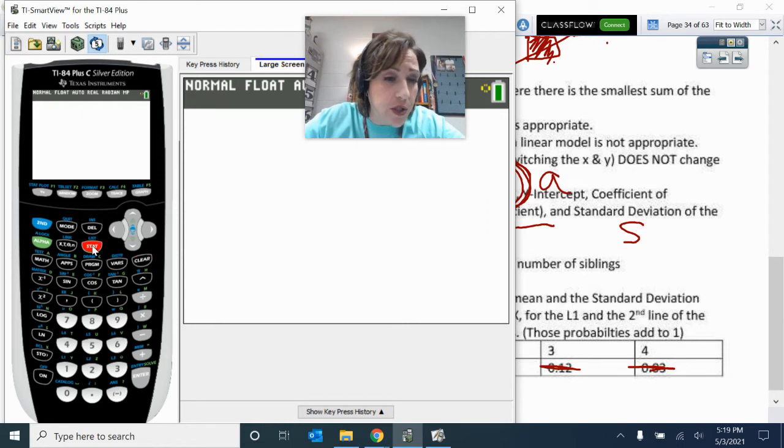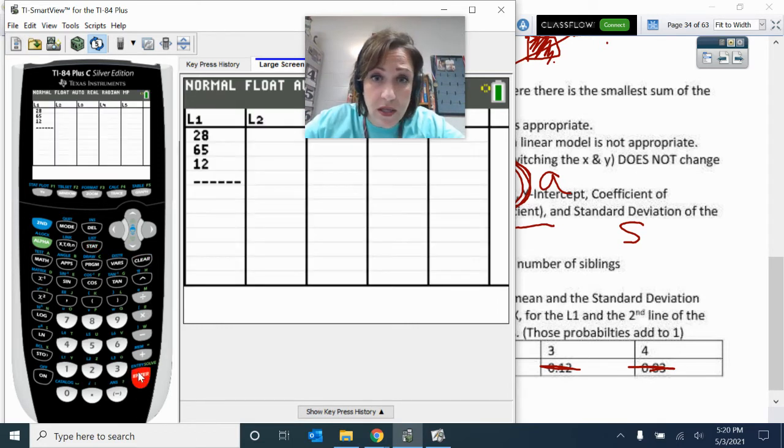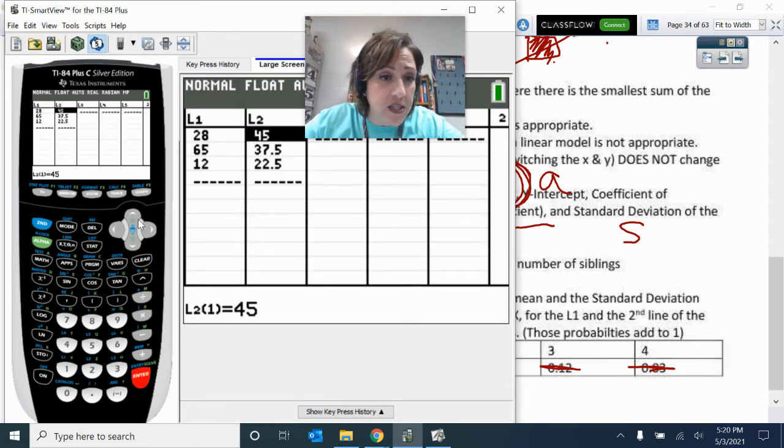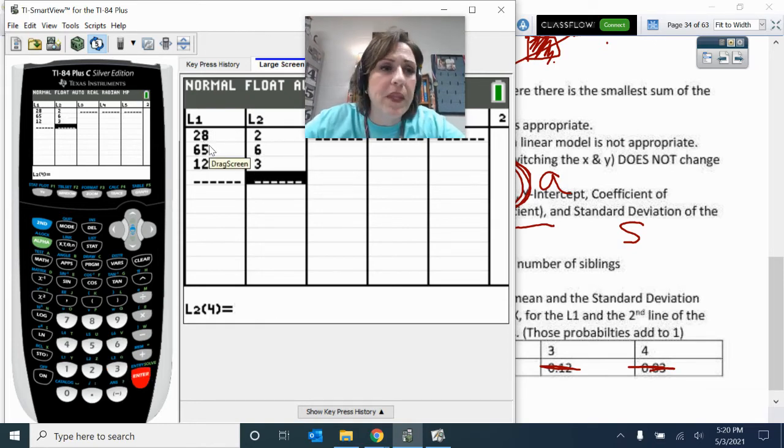you would need to then go to Stat Calc and you put your information in. So say 28 occurred 2 times and 65 occurred 6 times, and then there were 3 of the 12s. Okay, maybe whatever those were the scores you could get.